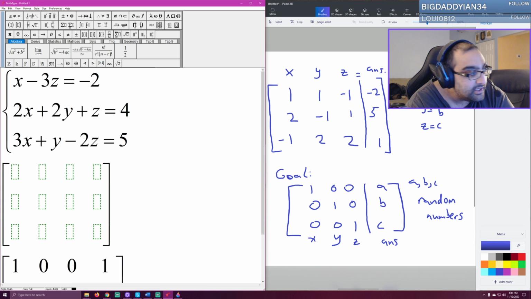So can anybody tell me here? Let's put this matrix together first before we put it in the calculator.